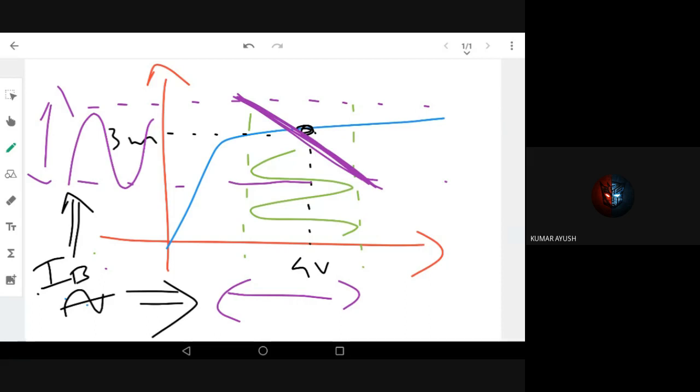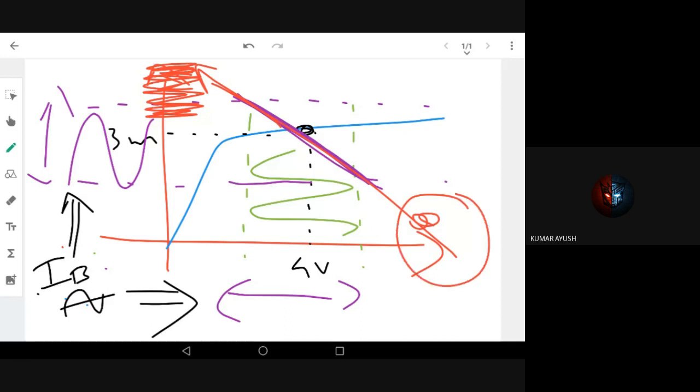If the DC point is not fixed correctly, if the point is shifted to the saturation region, that is very bad because we don't have fluctuation. Voltage swing is very less here. Or if it is coming into the cutoff region, that is also very bad. So we should fix it in the middle. We should design the circuit in such a way that our Q point is exactly in the middle. What is the advantage?